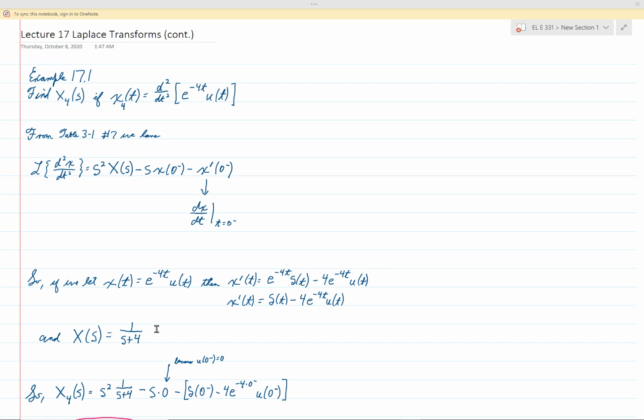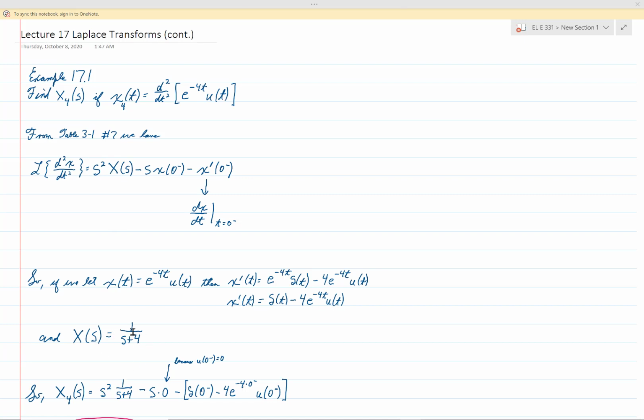So now we are ready to plug in to this formula. x4 of t is the second derivative. And so x4 of s, the Laplace transform of this second derivative of x of t, is equal to s squared times our x of s.